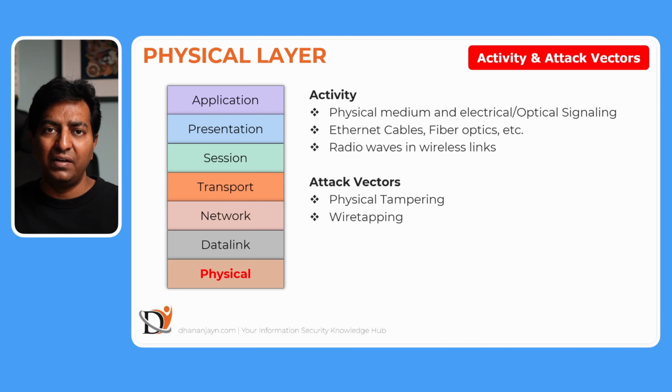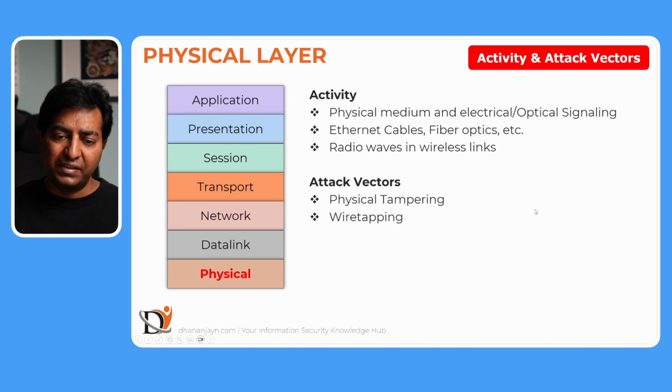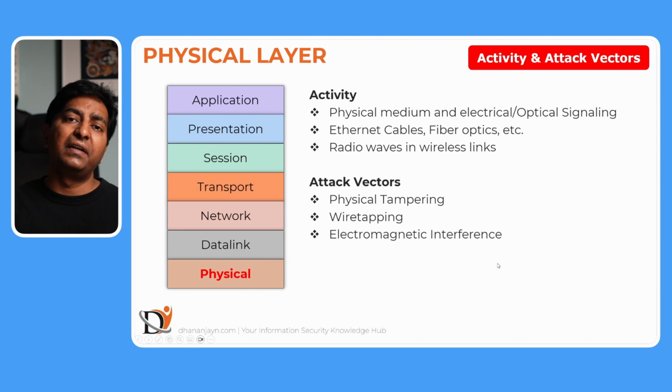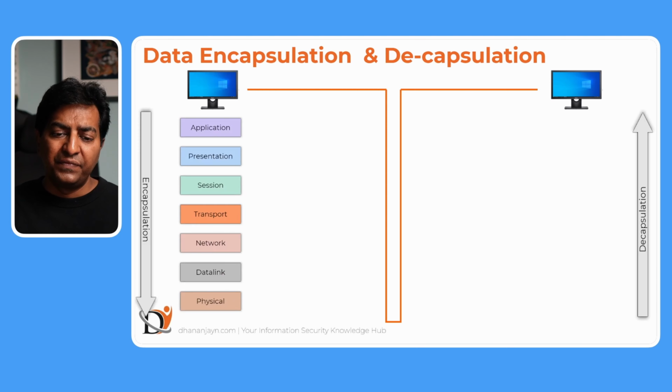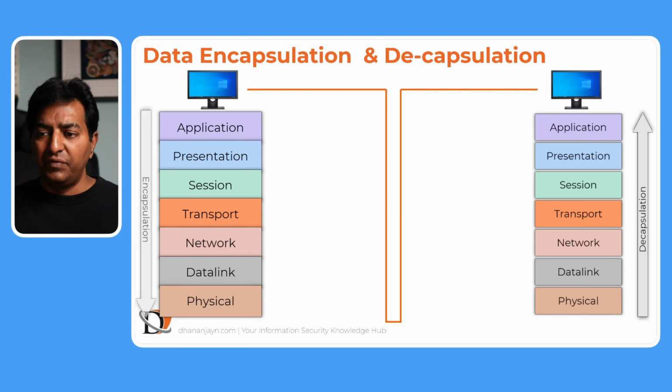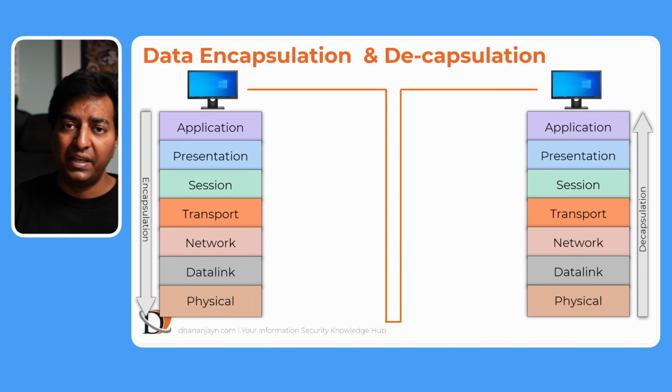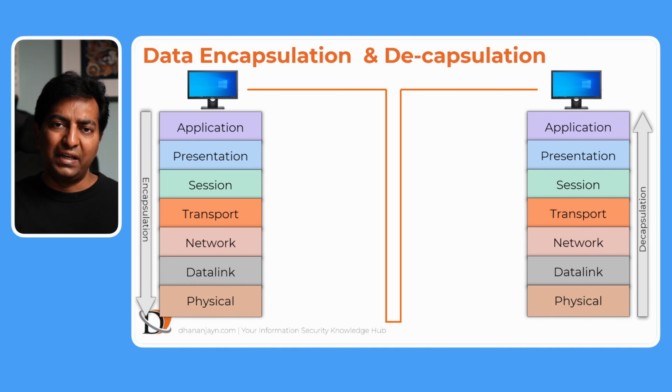Open up some cable in the outlet, connect his own cable, and try to get access to the network. There is a wiretapping attack. Then electromagnetic interference is another attack where somebody tries to interfere with your signals. So we have talked enough about the physical layer now. There is nothing like Wireshark we need to discuss here because data is in the form of signals.